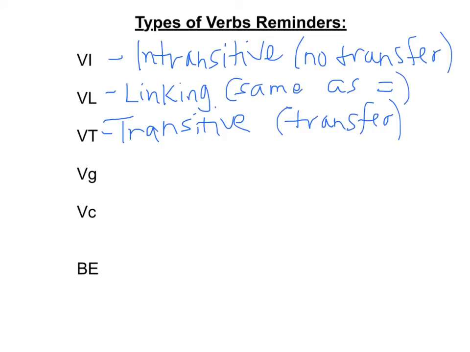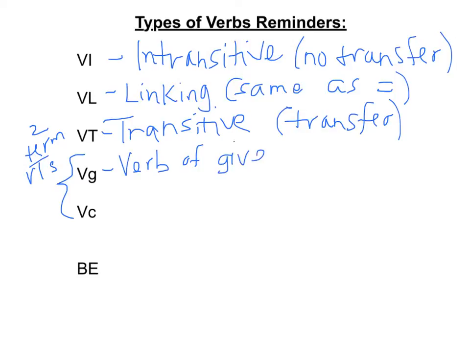And then we have our 2-term VTs, meaning they have 2 things that come after them. And we have the VG, which is the verb of give. Okay, it acts like the word give.